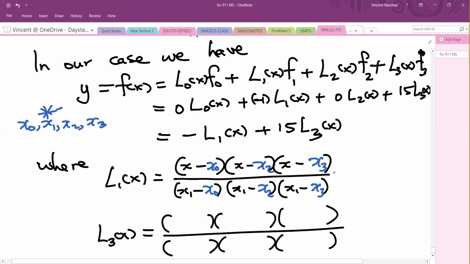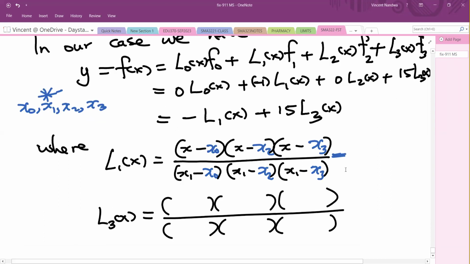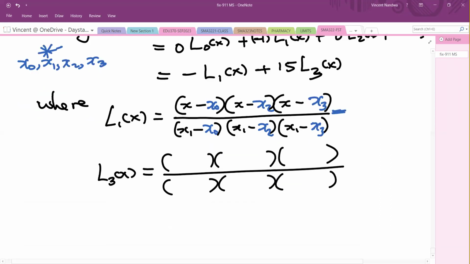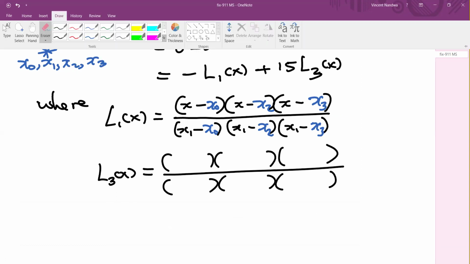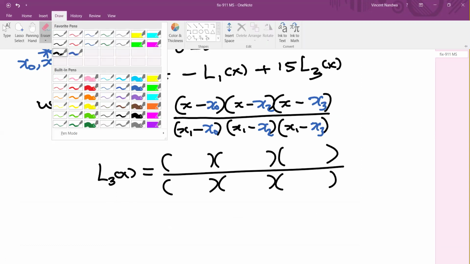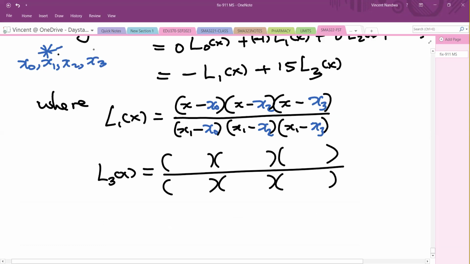So we'll do the substitution. Let's define L3 first before we substitute, because we know what x0, x1, x2, and x3 are. For L3, in the numerator, you start with x minus, x minus, x minus.